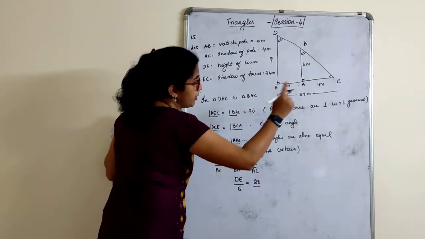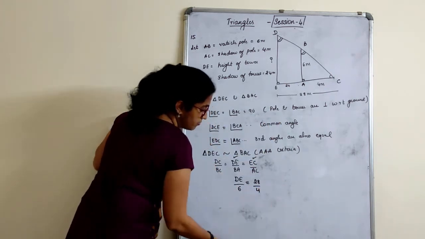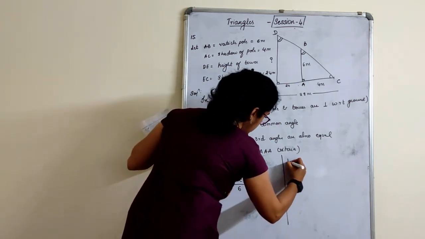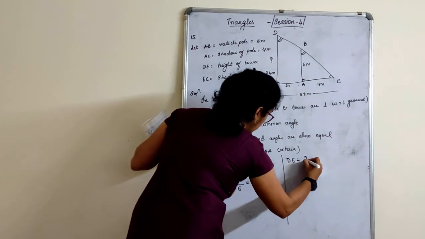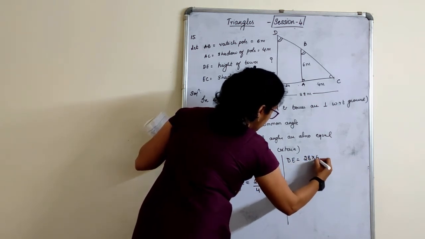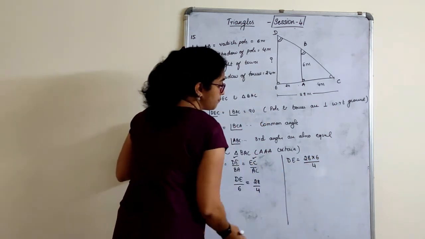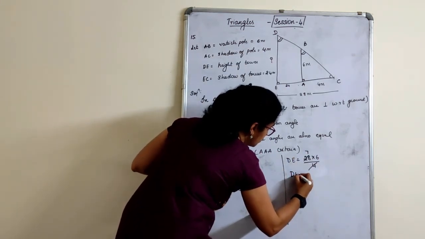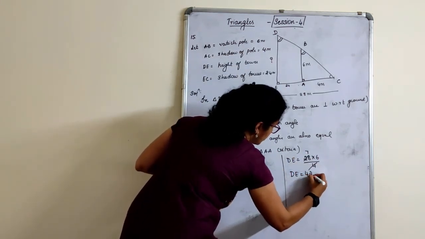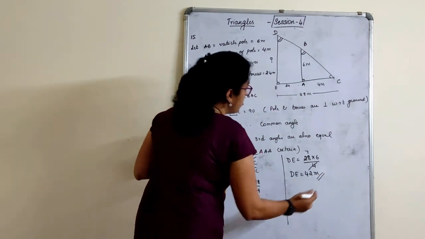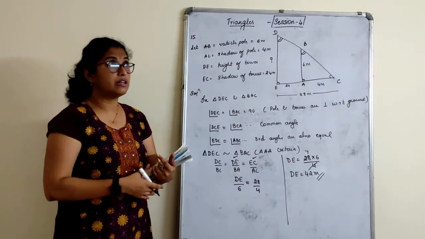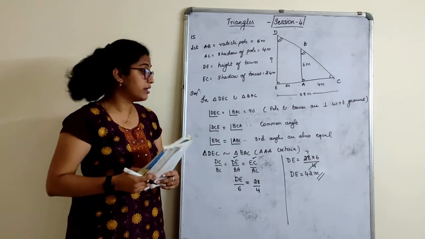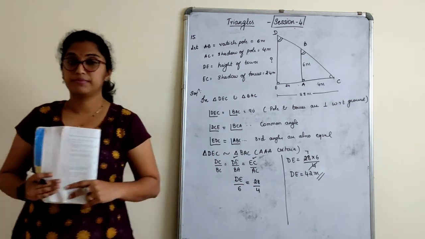What is the measurement of AC? 4. I'll do it here. So, DE is equal to 28 into 6 divided by 4. 4 ones are 4, 4 sevens are 28, 4 sixes are 24. DE is equal to 42 meter. Therefore, height of the tower, give the conclusion. Height of the tower is 42 meter.